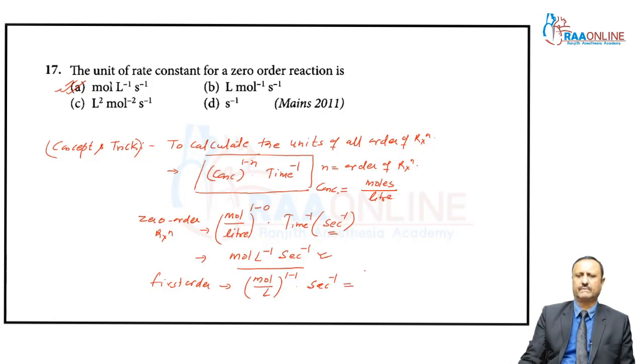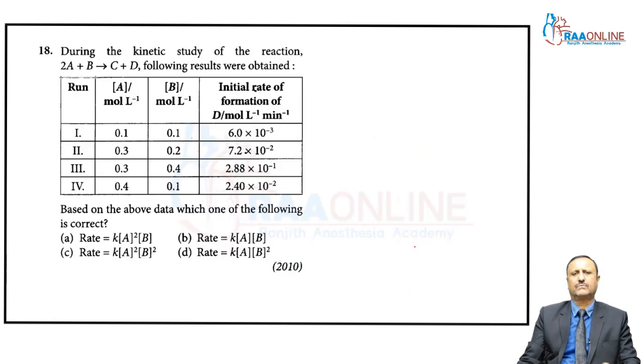Mole per liter to the power 1 minus 1 means power 0, and any number to the power 0 is 1, so you get per second. For first order reaction, per second is the unit. You can calculate second and third order reactions by this formula. So my dear students, learn and remember this formula, it is very, very important, and this is a trick. Now we can go to question number 18.